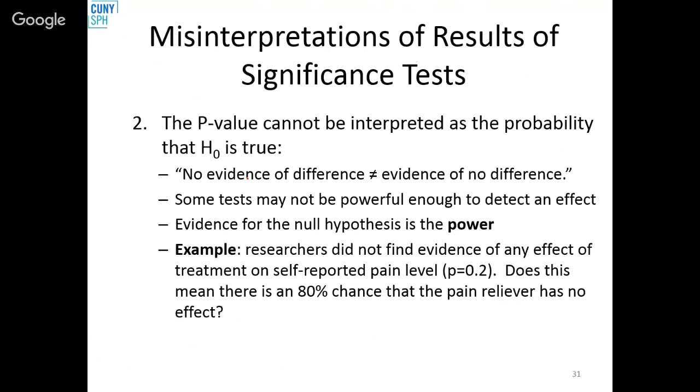Is it the probability of rejecting the null hypothesis? No, the probability of rejecting the null hypothesis, it sounds like you're almost getting ahead to power estimation. The probability of rejecting the null hypothesis when it is false is the power.